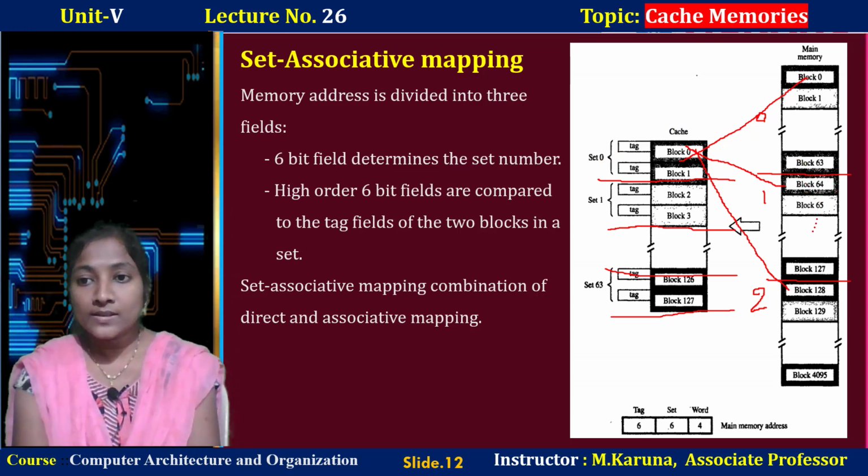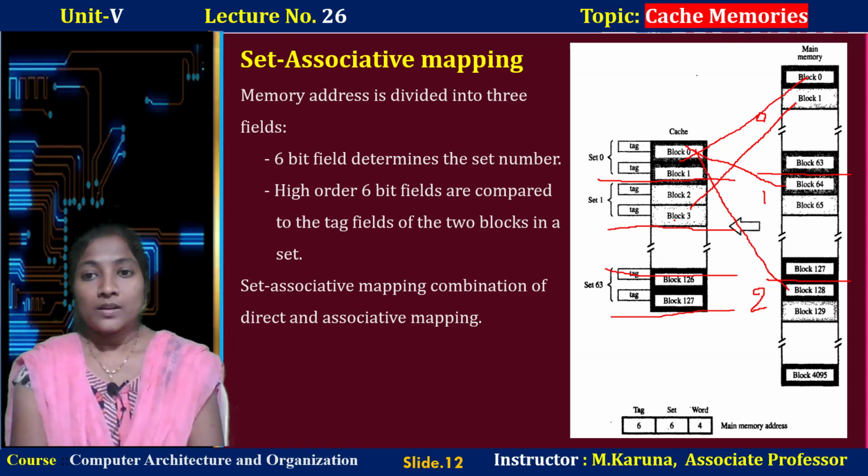Likewise, from the second group of the main memory, block 64 should occupy set 0 of the cache memory. It can occupy either the block 0 position or the block 1 position of set 0. Next, block 1 should be copied from the main memory to set 1 of the cache memory and can occupy either the block 2 or block 3 position.